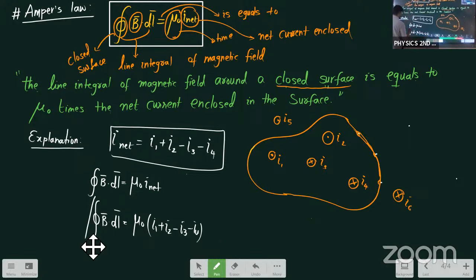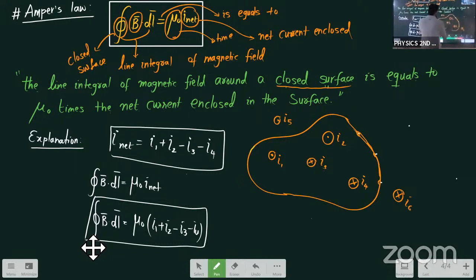So this is the statement and explanation of which law? Ampere's law. What is the statement for Ampere's law? The line integral of the magnetic field around a closed surface is equal to mu naught times the net current flowing through this closed surface.